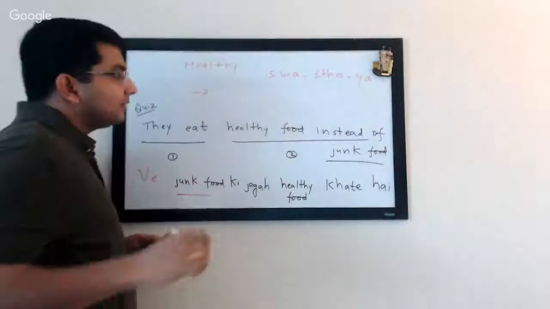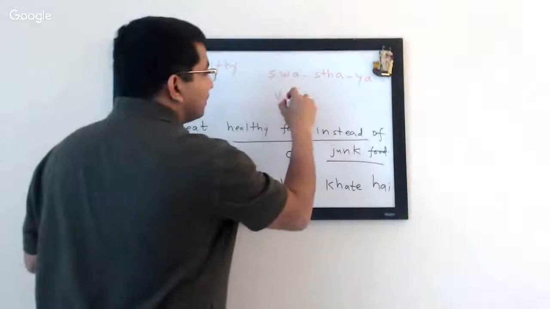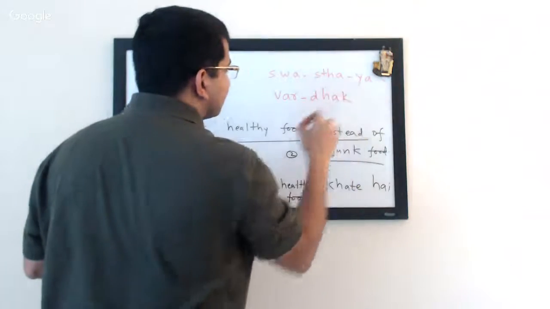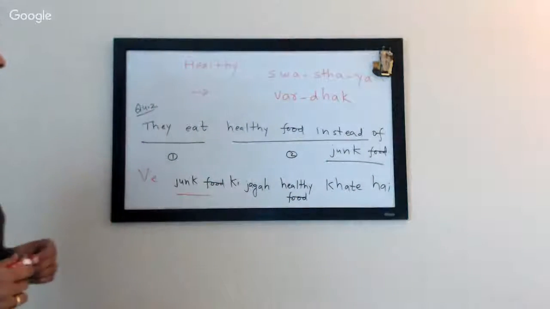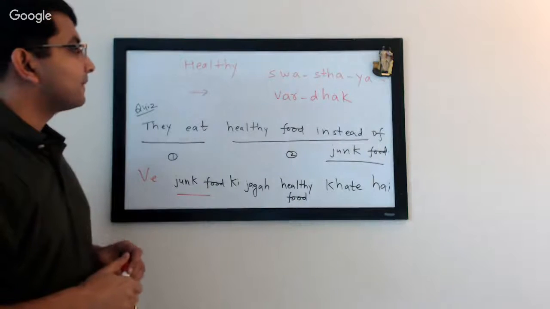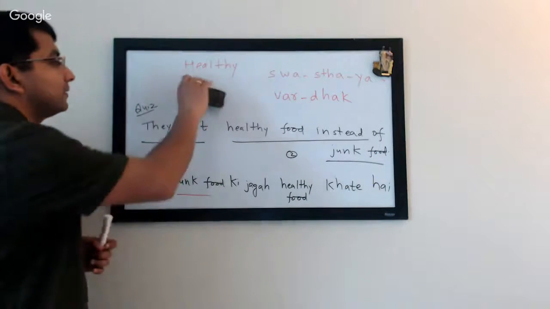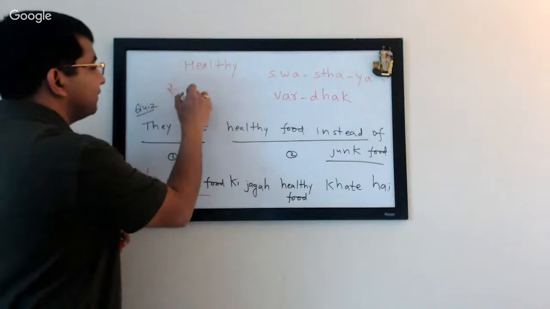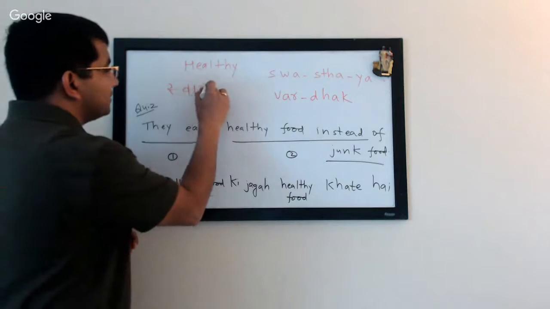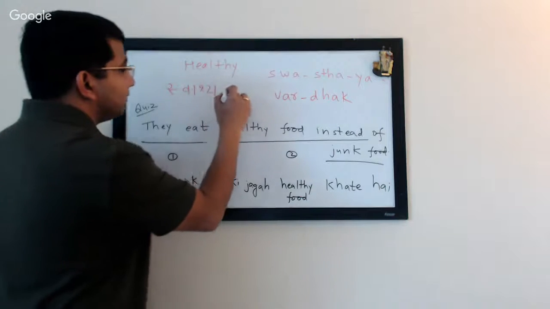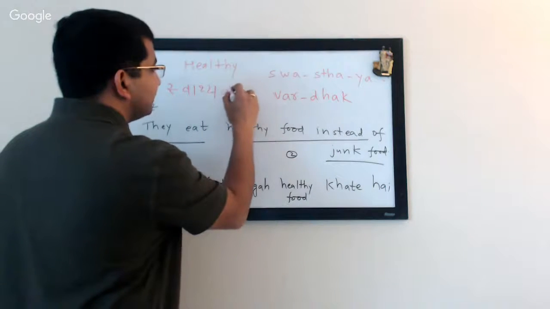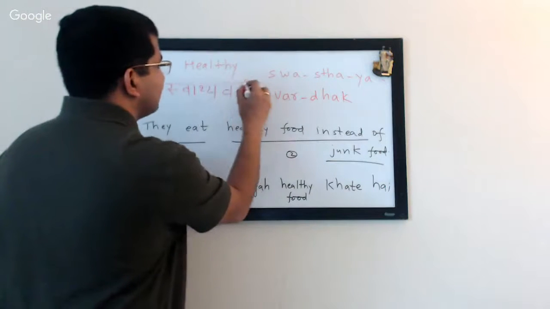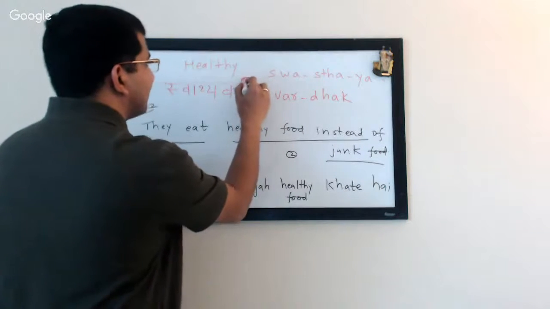स्वास्थ्यवर्धक. So it's basically half th in swasthya, and then here, vardhak, on top of the va there is a half r.